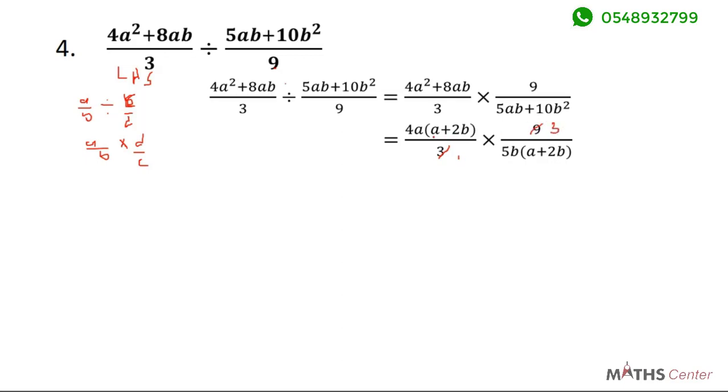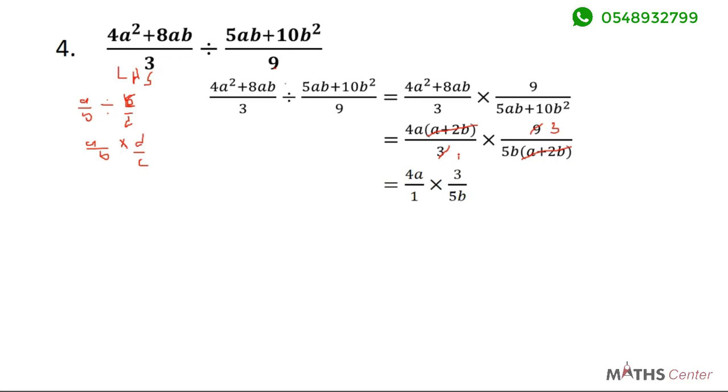You can see that we have a plus 2b as a factor here, a plus 2b as a factor. So a plus 2b will cancel this a plus 2b. So this is now in its simplest form. We are left with 4a here.